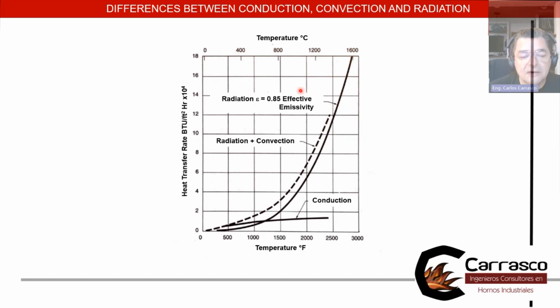And we are always going to depend on the effective emissivity of the load and of the walls of the furnace. So we are always watching how much volume I have inside the furnace, because when I fire a burner, depending on the capacity in BTUs per hour or kilocalories per hour, when I make my calculation of how much gas and how much air I am going to use, these are going to be expanded inside the furnace about 3 times.